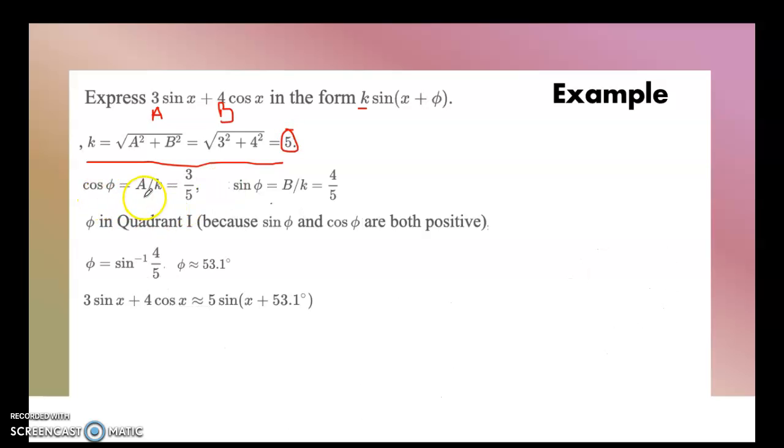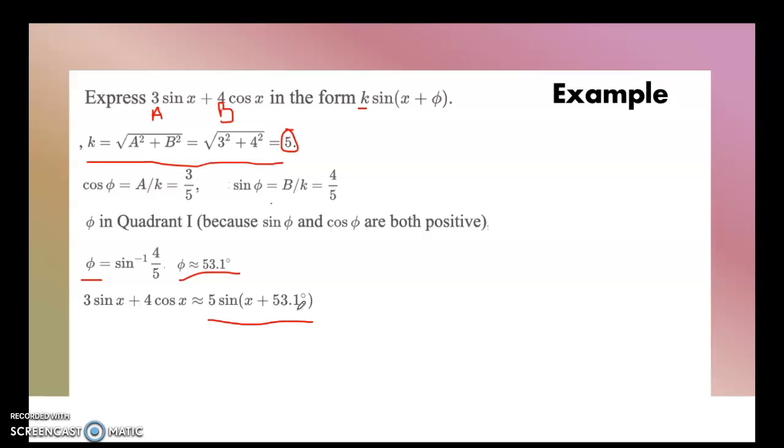Now cosine is just a over k, so we have 3 over 5, and sine is just 4 over 5, and we're in quadrant 1 because everything's positive. So we do inverse sine of 4/5 to find phi, and through the magic of your calculator you get about 53.1 degrees. Then you substitute in your values, your 5, which was your k, and the value for phi, which is 53.1.